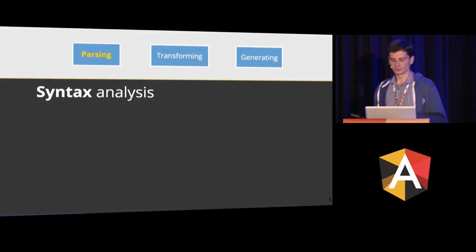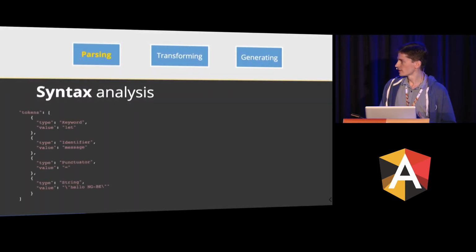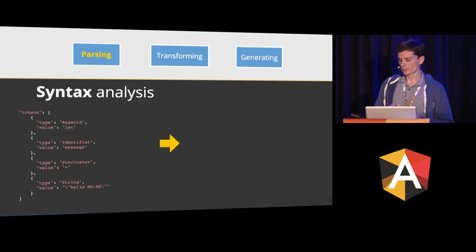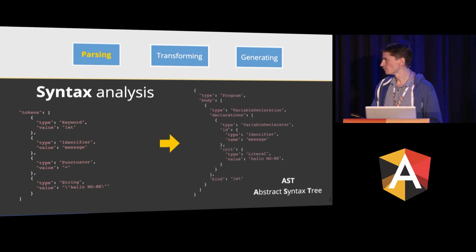And after that, when you start with, for example, this array of tokens, you will get the famous abstract syntax tree, which is a tree that makes it easier to parse and understand the structure of your code.